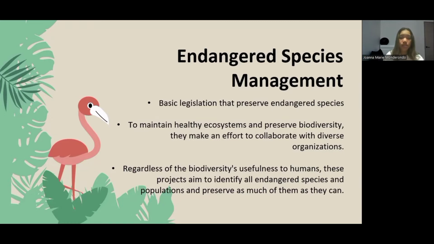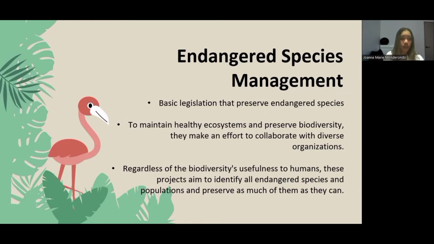So as well as to maintain healthy ecosystems and preserve biodiversity, they make an effort to collaborate with diverse organizations. So we are implementing legislations or laws to protect the ecosystem and the nature with the help of different organizations, especially the government. Earlier regulations or laws have focused exclusively on game animals.